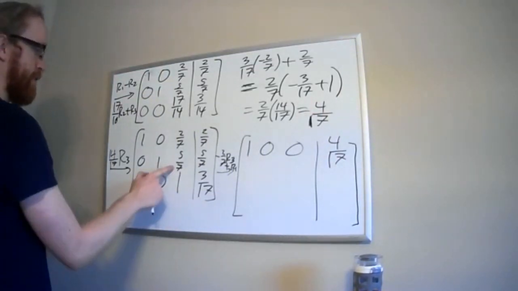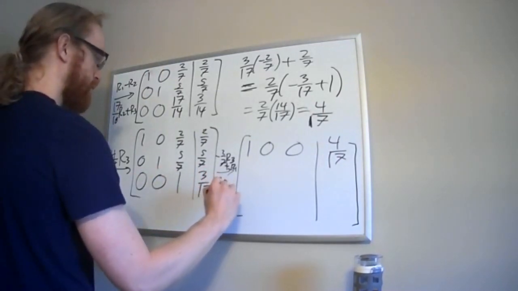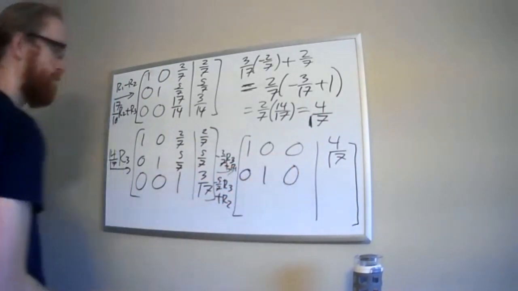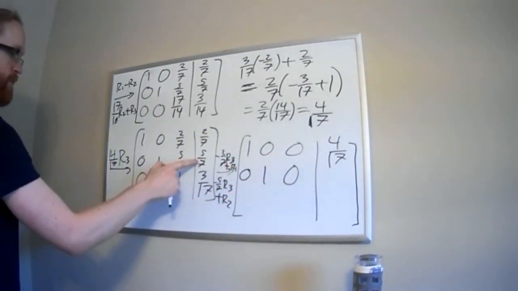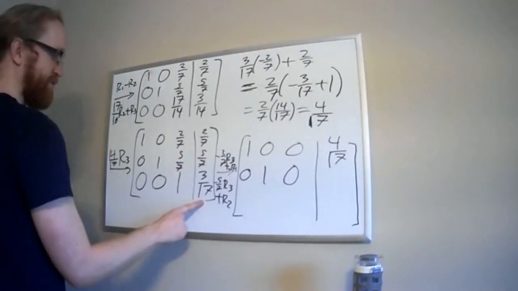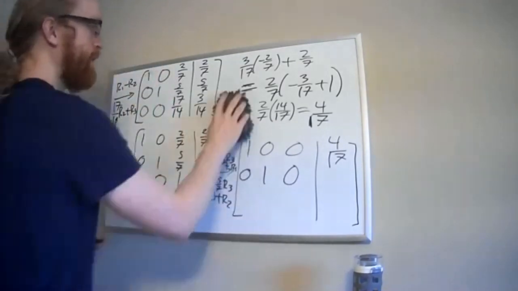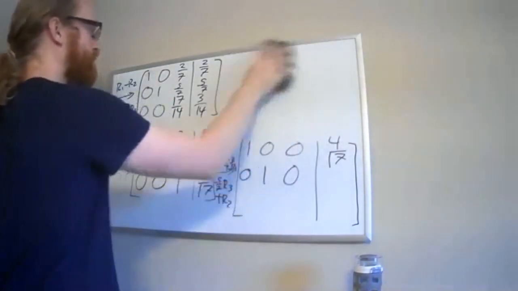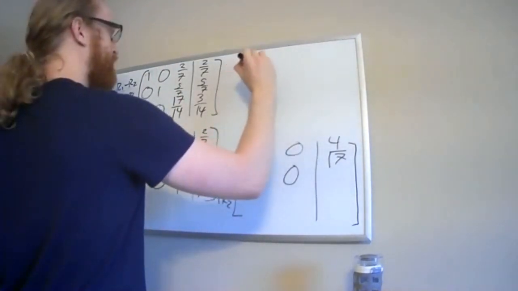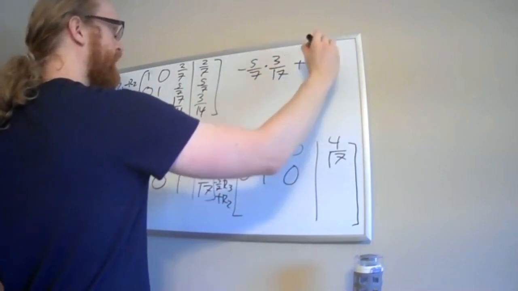And then next, I need to get rid of this 5/7. So I'm going to take negative 5/7 times the third row, plus the second row. And what's going to happen? I know I'm going to get this here. So the question is, what happens here? So I need to take 3/17 times negative 5/7 plus 5/7. I'd work it out very similarly to what I just did there. Take negative 5/7 times 3/17 and add it to 5/7.